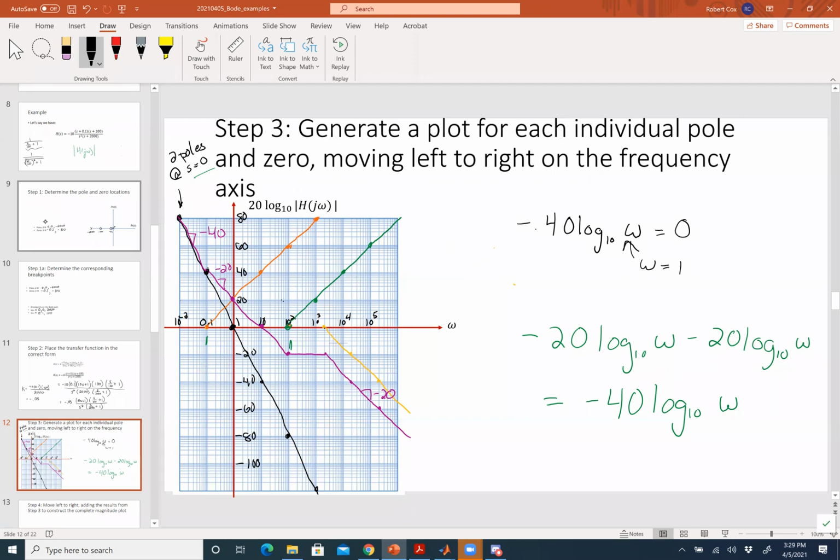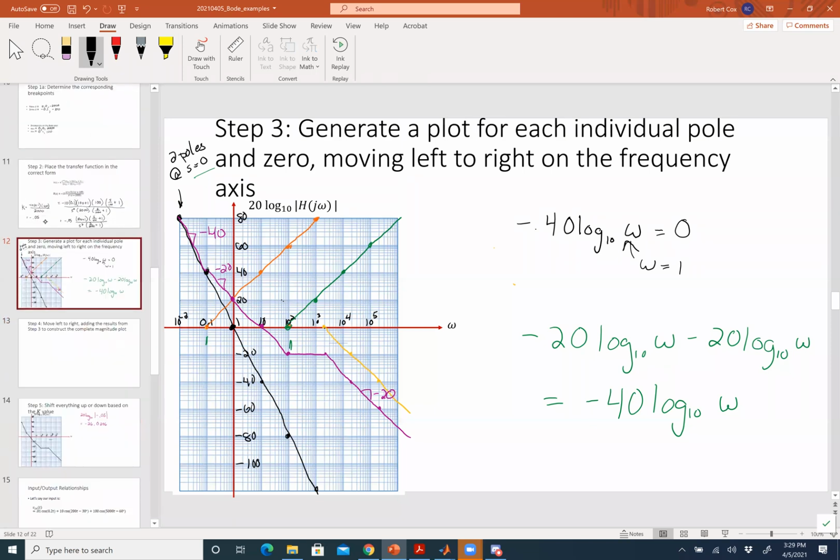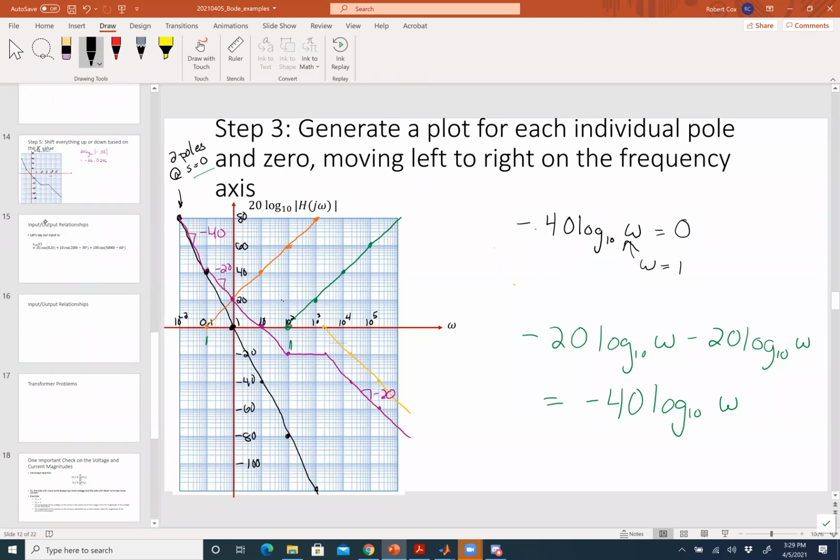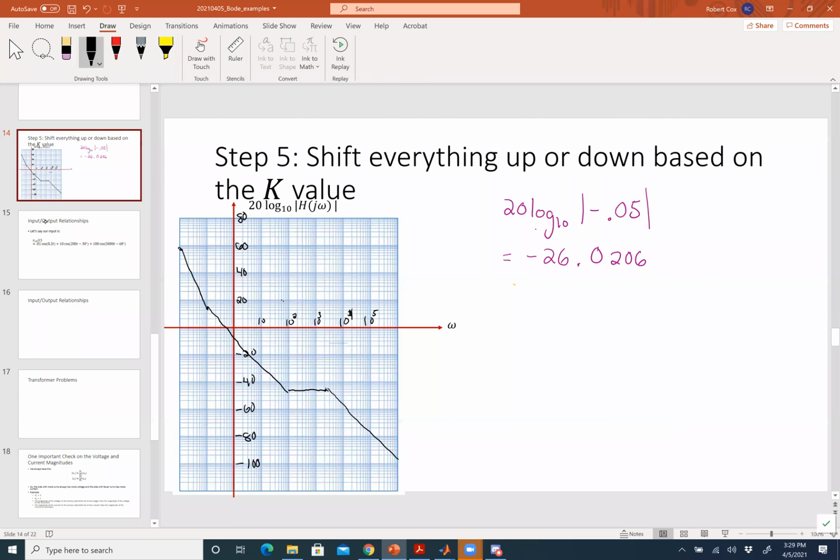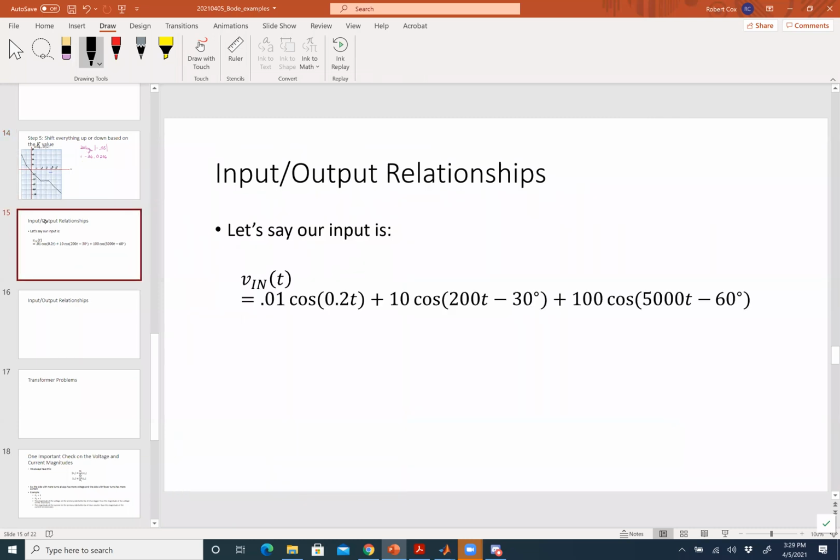All right. Now let's say we generated that complete graph, and I said I have this input and I want to figure out the output V out. If I have cosines at those frequencies, there's going to be some amplitude cosine at 0.2t.